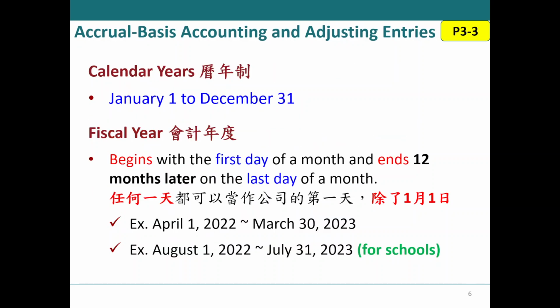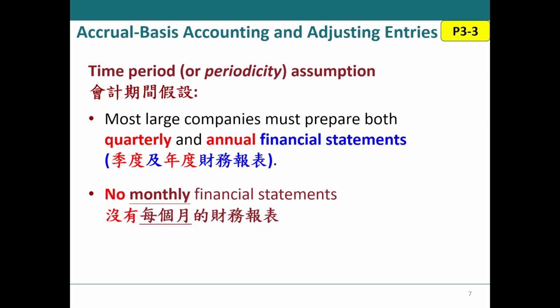No problem? Okay. And go back to accounting, we prepare financial statements, right? So for time periods, we have 1 month, 1 quarter, 1 year. But for accounting, when we prepare financial statements, we have right now only quarterly and annually.